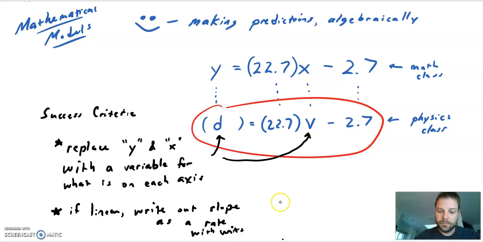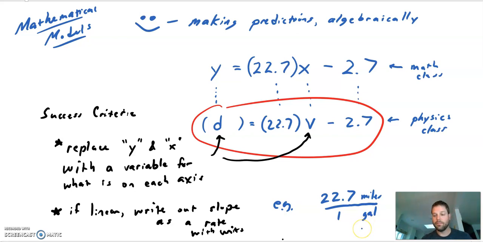So for example, this would be 22.7 over 1, and I would put units on that, which is going to be how many miles you have per gallon. Now we can figure out what that exactly means. Okay. Thanks, everybody. See you in class.